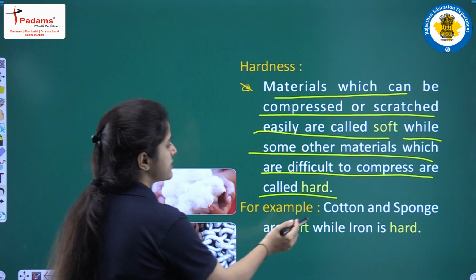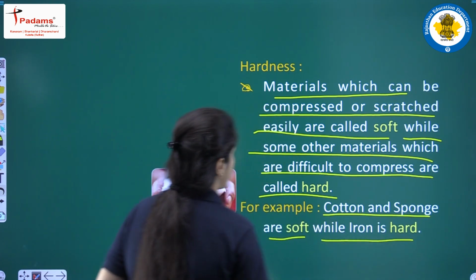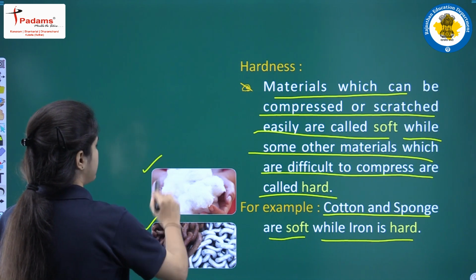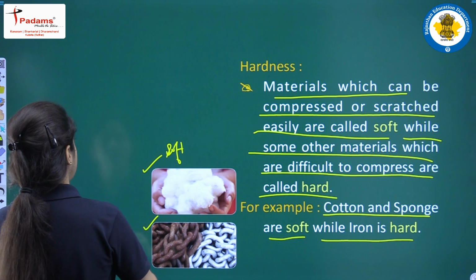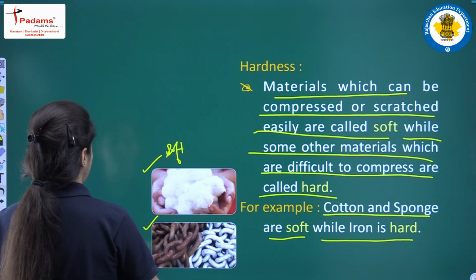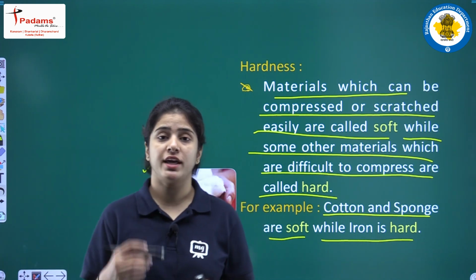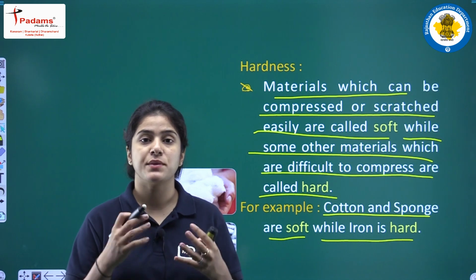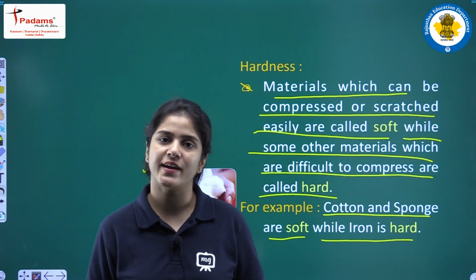For example, cotton and sponge are soft while iron is hard. These are also two examples: this is soft, the cotton, and the iron railings, these are hard. So based upon the property of hardness and softness of any object or material, we can also characterize different materials into different groups.